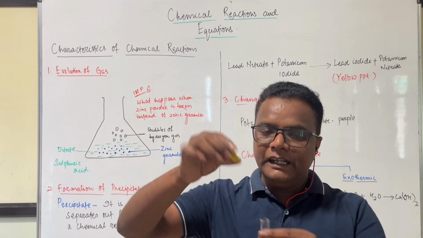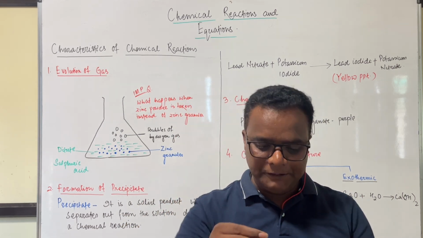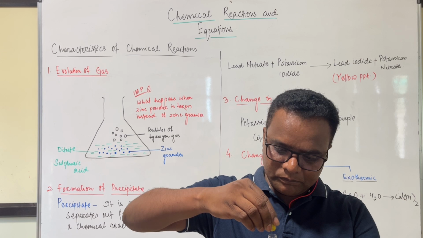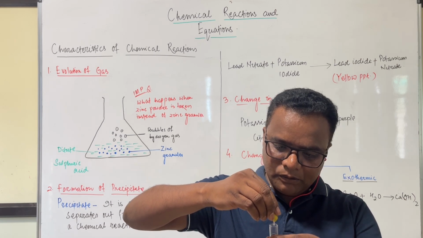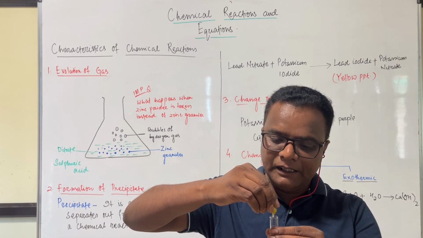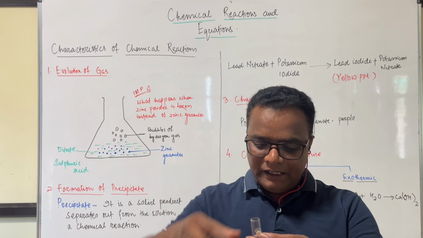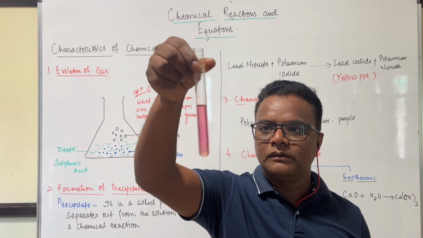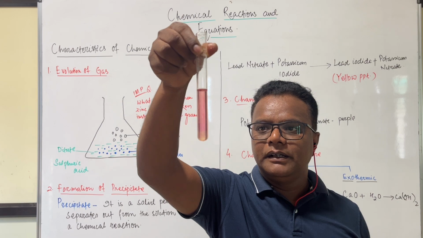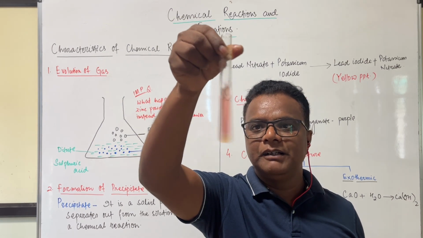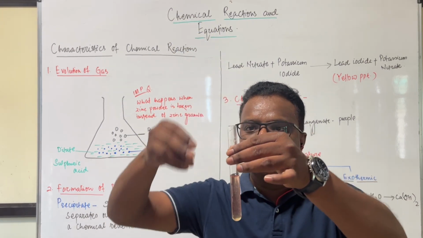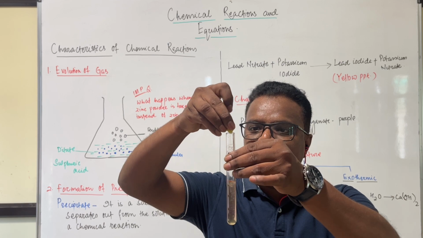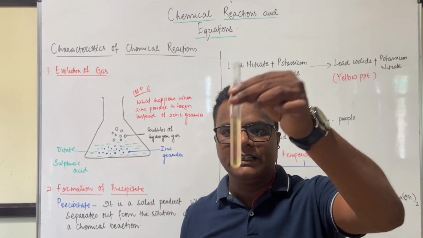In lemon, citric acid is present. When this citric acid or lemon juice is added to potassium permanganate, at that time what happens? It becomes gradually colorless, and this particular chemical reaction is characterized by change in color.